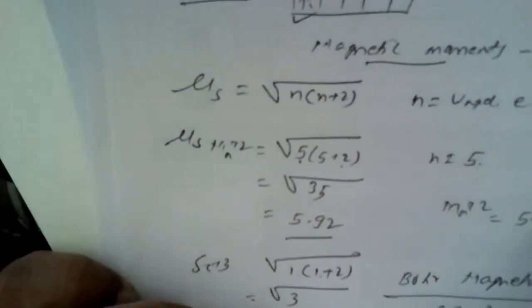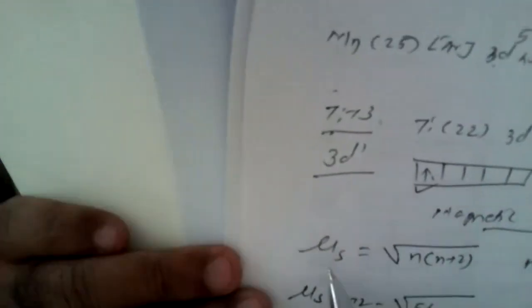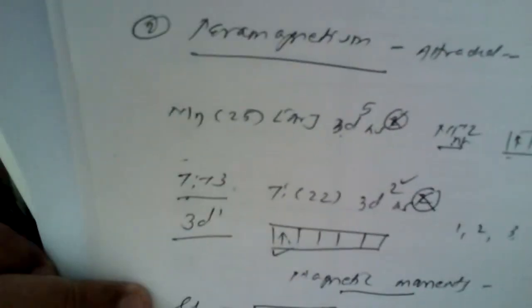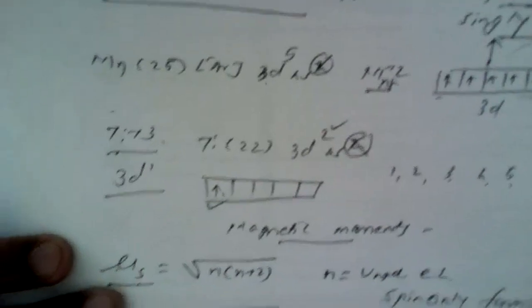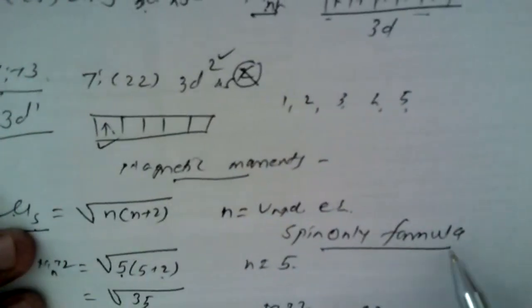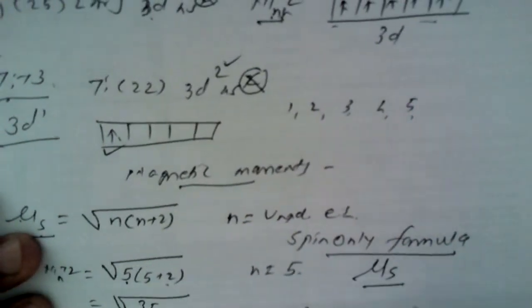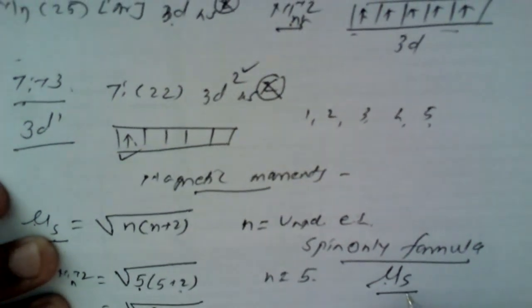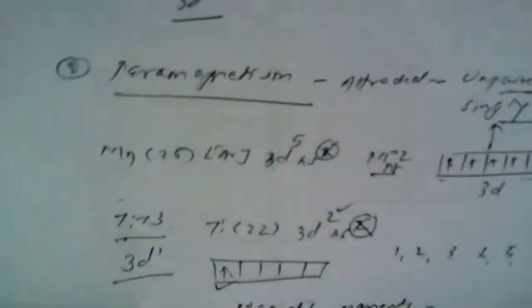So the magnetic moment is calculated by using this formula. Mu is the magnetic moment. S stands for spin motion of an electron. Hence, this formula is known as the spin only formula, so the magnetic moment can be calculated by using the spin only formula, and hence we can write this as mu s. Mu stands for magnetic moment, S stands for spin only. So this is how one can calculate the magnetic moment for these elements.